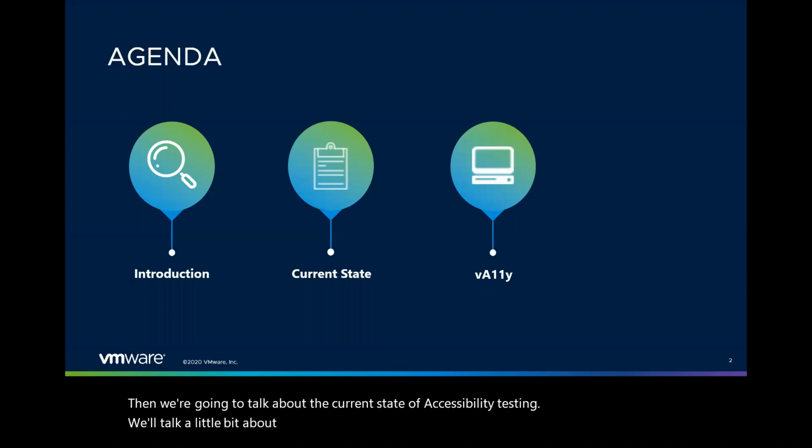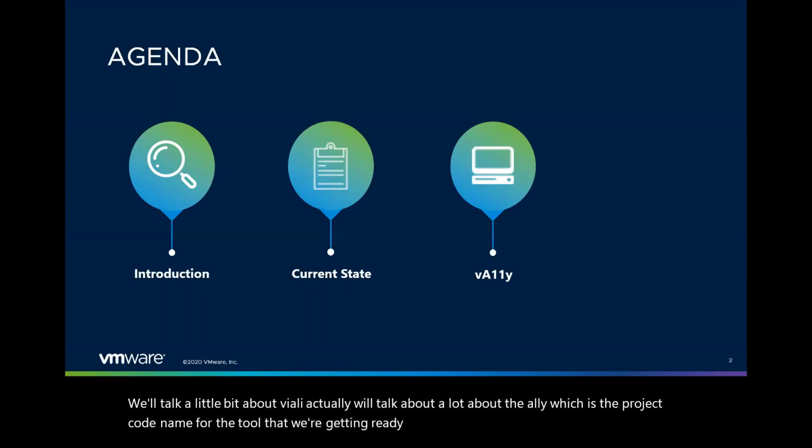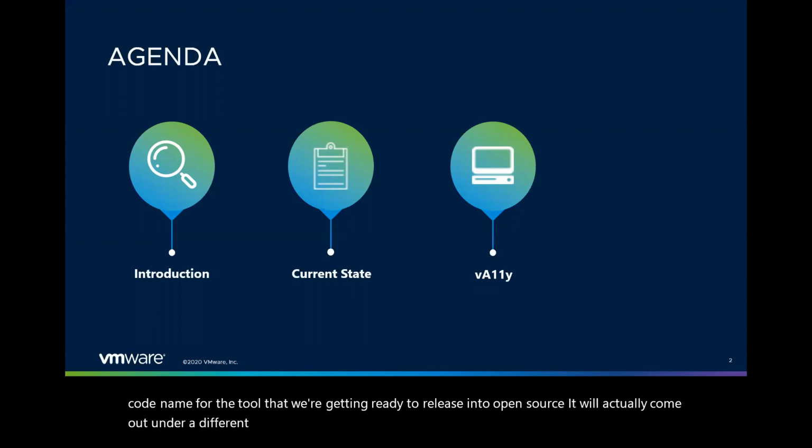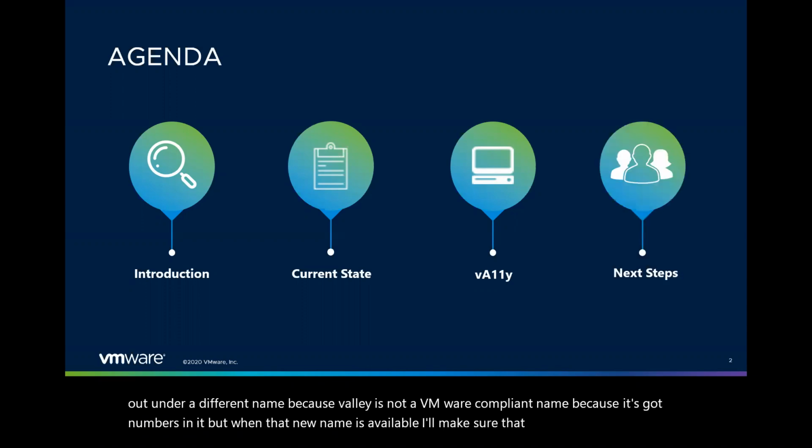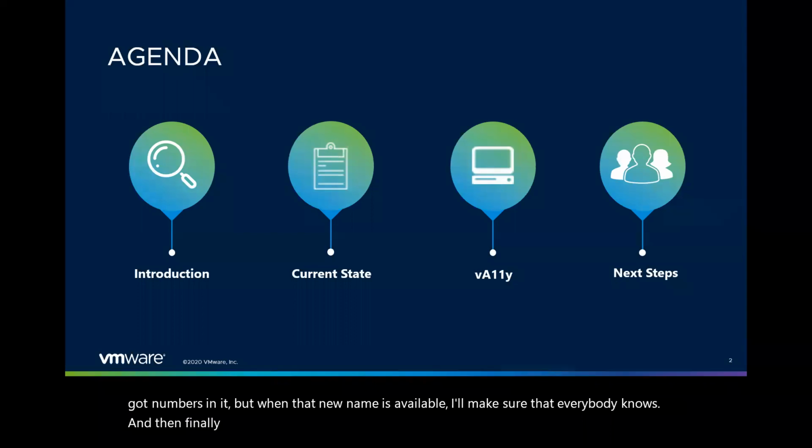Actually, we'll talk a lot about vAlly, which is the project code name for the tool that we're getting ready to release into open source. It will actually come out under a different name because vAlly is not a VMware compliant name because it's got numbers in it. But when that new name is available, I'll make sure that everybody knows. And then finally, we'll talk about next steps.